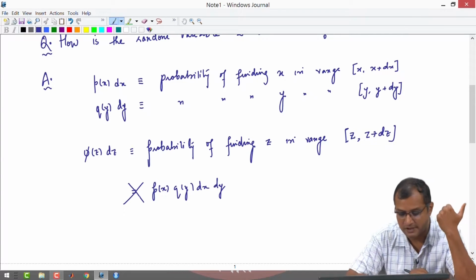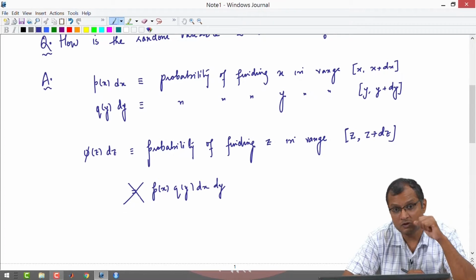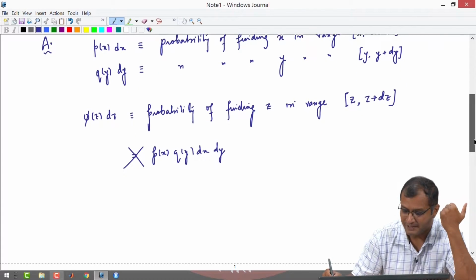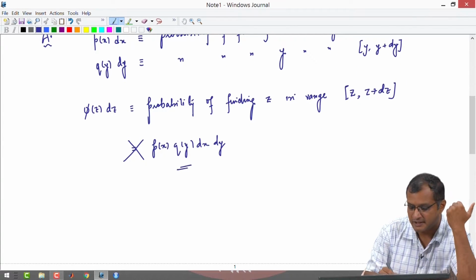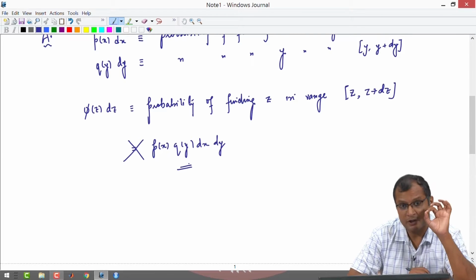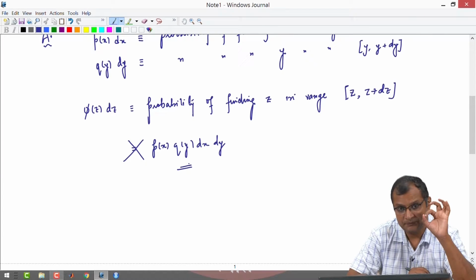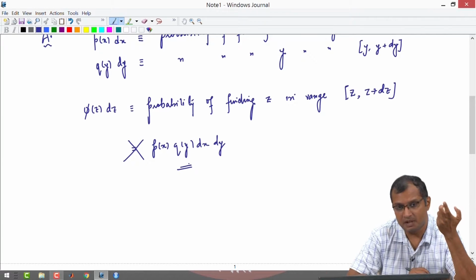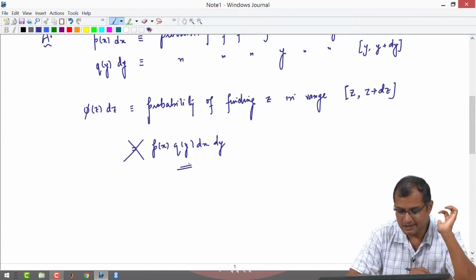This is not the probability of getting z in the neighborhood of z and z plus dz, for the simple reason that while this might be the joint probability of getting x and y, okay, in the neighborhood of x and y, I can compute the same sum by changing the values of x and y.